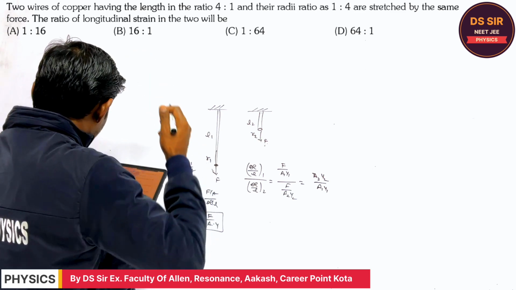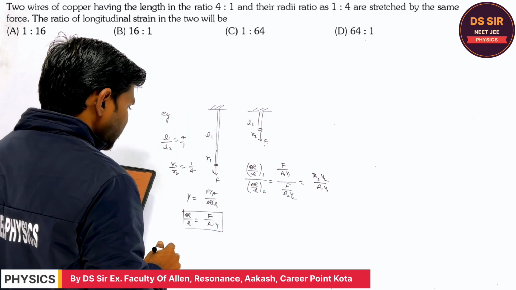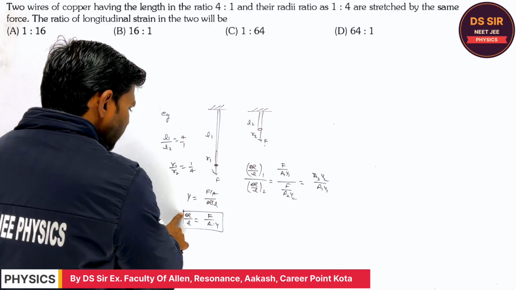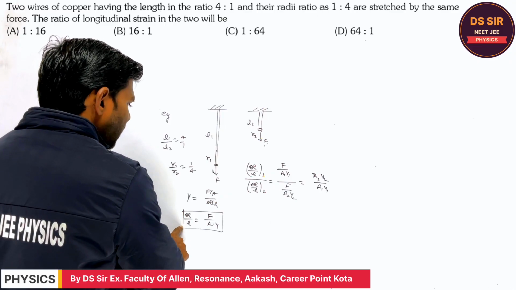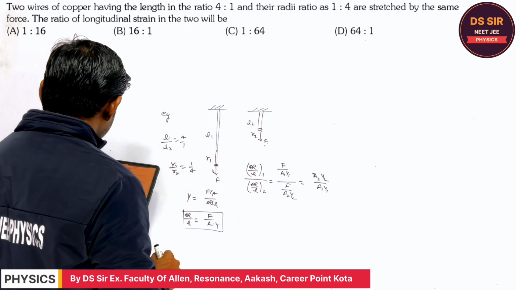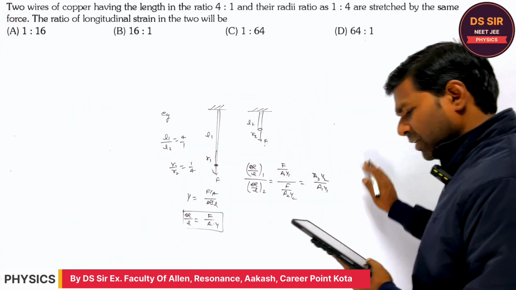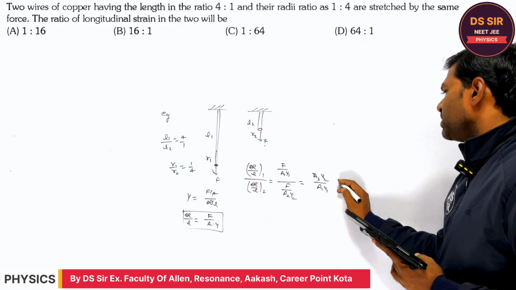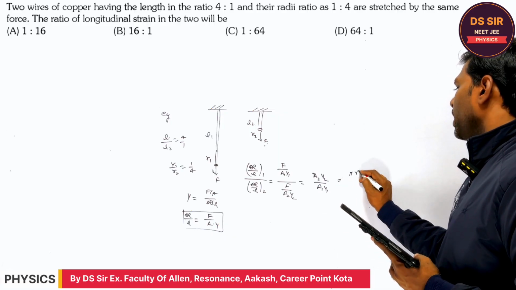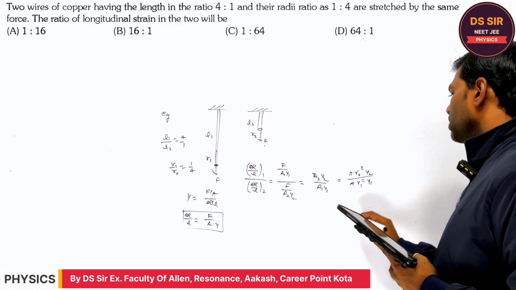So what we have to do, the ratio of longitudinal strain is delta L upon L is equal to F upon, so they have not given the Y, right? Okay, no problem. Listen, one thing, A2 is what? Pi R2 square Y2 upon pi R1 square Y1.